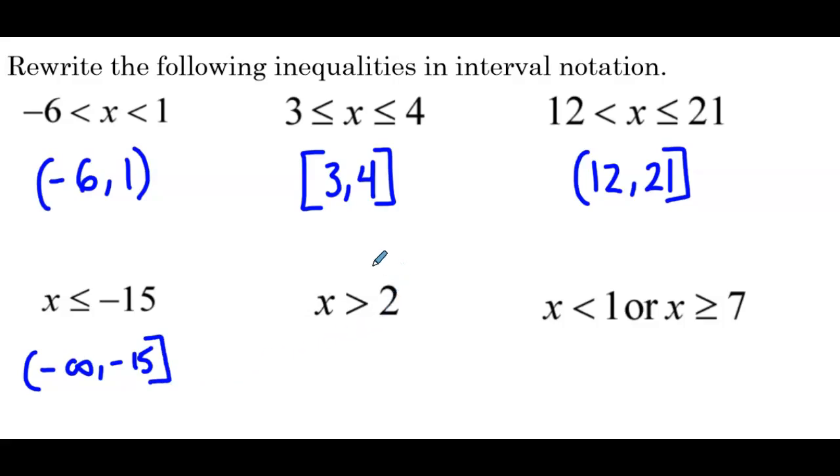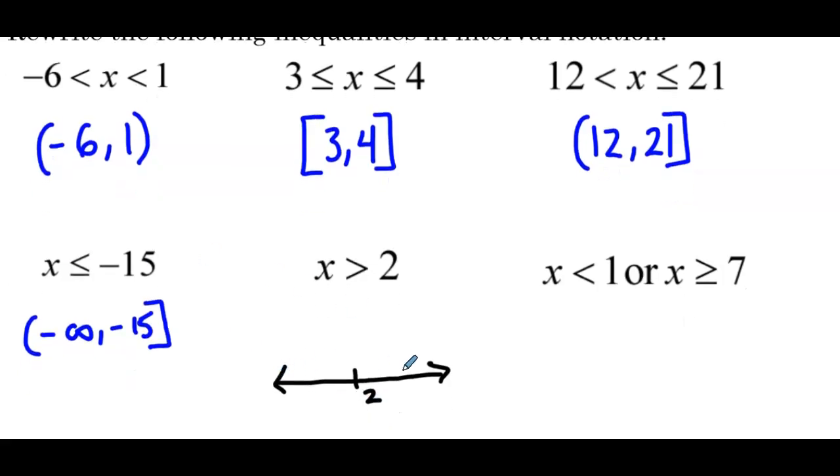X is greater than 2. Right, so think about our solution set. And this one, I'll actually graph it as a strategy to help us with our interval notation. And something I would encourage you to do if you're struggling figuring out what your interval looks like. So if we were to graph this, we'd have an open point at 2, and we'd shade to the right.